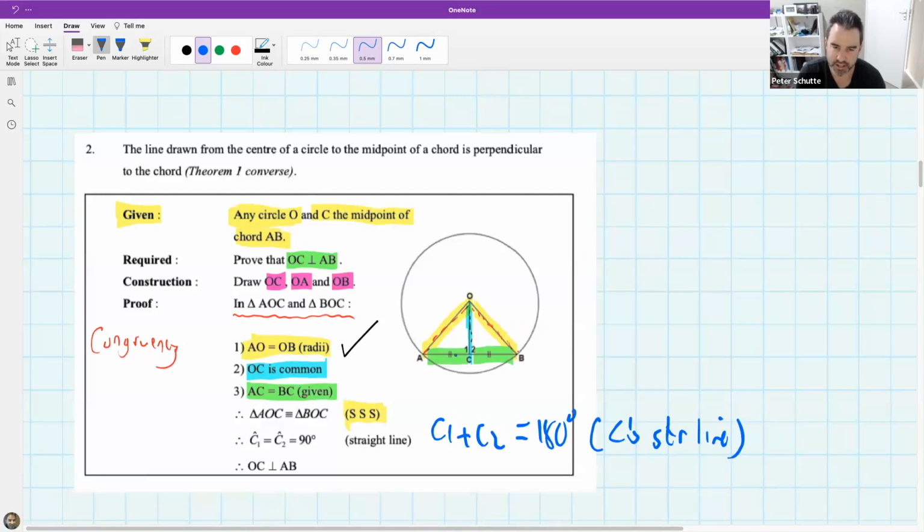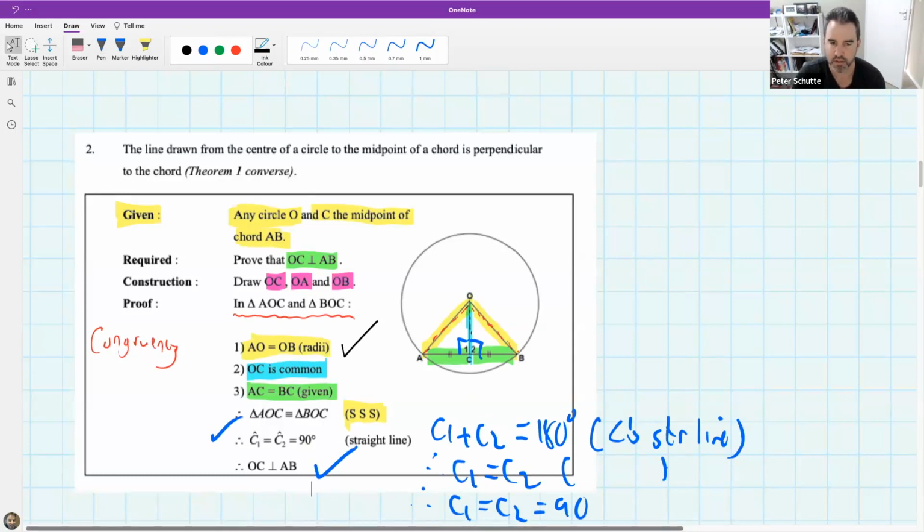But you know that these two triangles are congruent, therefore C1 must equal C2 because of the triangle congruency. Therefore, C1 equals C2 equals 90. So that's what they did there. And if these are 90, then you know that OC is perpendicular to that.